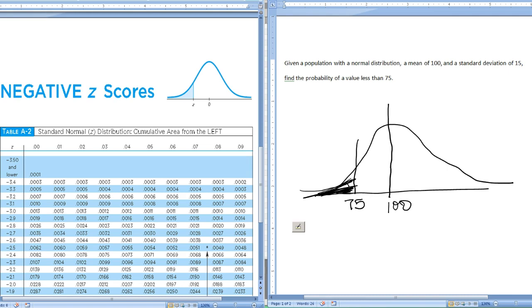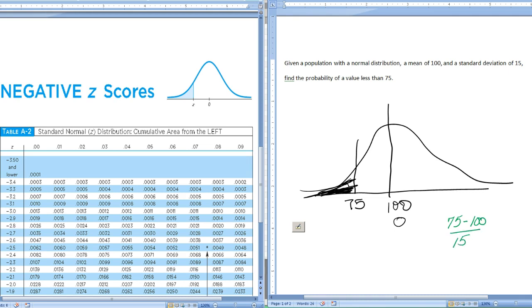Okay, now I need to convert this into standard. I need to convert it into z-score. So I need to convert this 75. Well, it's going to be a negative z-score because 75 is going to subtract 100. So I'm going to, let me change the color here, just because I can. 75 minus 100 over 15, x minus the mean.